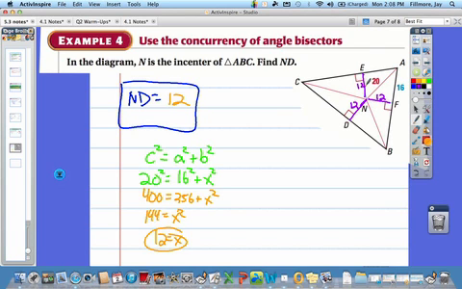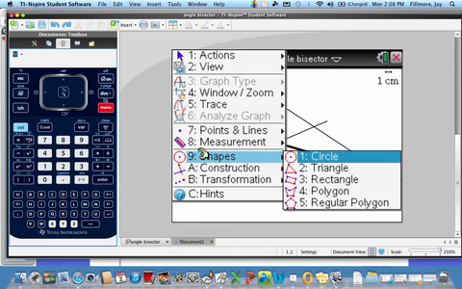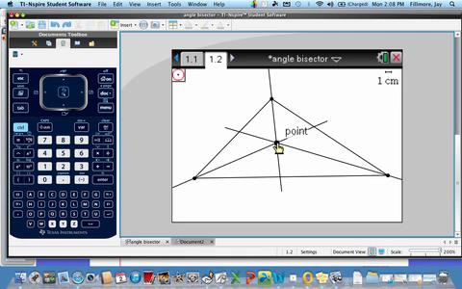The last bit of information that's important to know, just for vocabulary's sake, is let's say we have a triangle with our 3 angle bisectors, if I were to choose that incenter as the center of a circle, then I can draw what's called an inscribed circle. This circle, the center is at our incenter, and the circumference of it is touching the edges of our triangle.